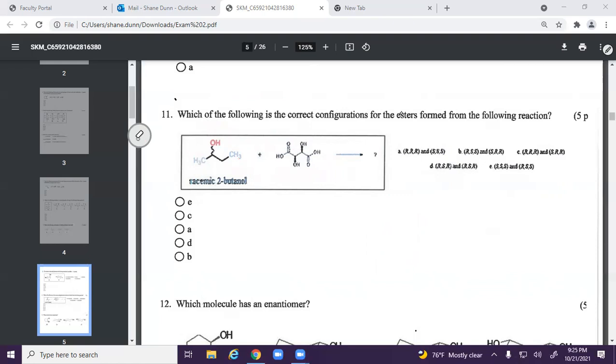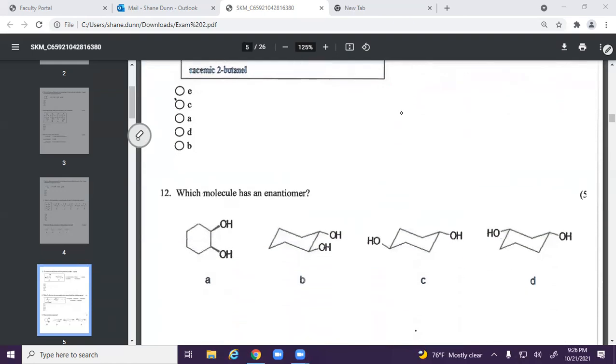Make sense? The practice questions are going to be the hardest questions on the test. The participation questions are going to be the easier ones. So we'll go over both. So 11, don't do it.